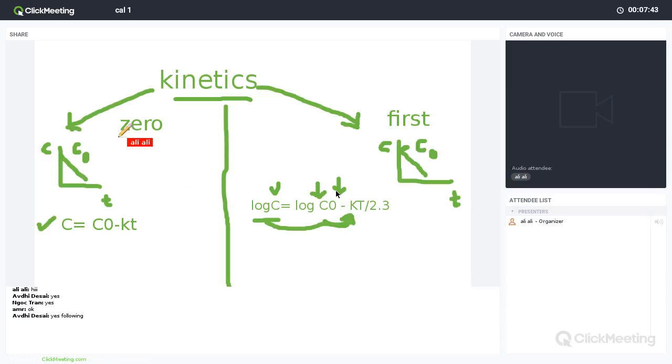The second important information here is that the zero order reaction is concentration independent, while the first order reaction is concentration dependent.